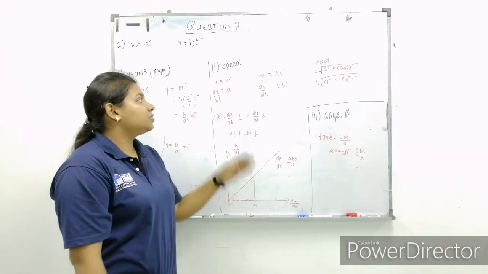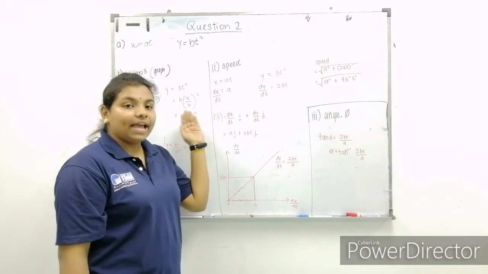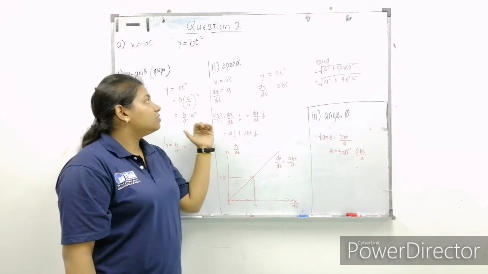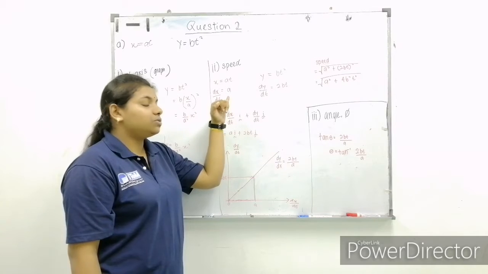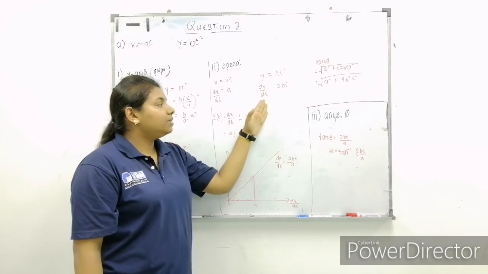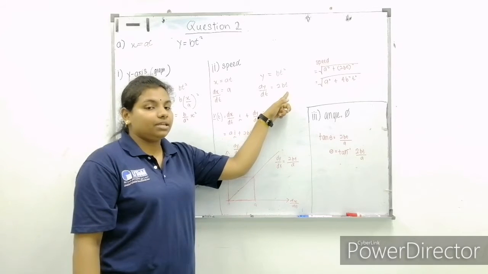Now we'll be doing question 2, which is speed. To find the speed, we need to differentiate the x and y values first. For x, we get dx/dt equals a. For y, we get dy/dt equals 2bt.